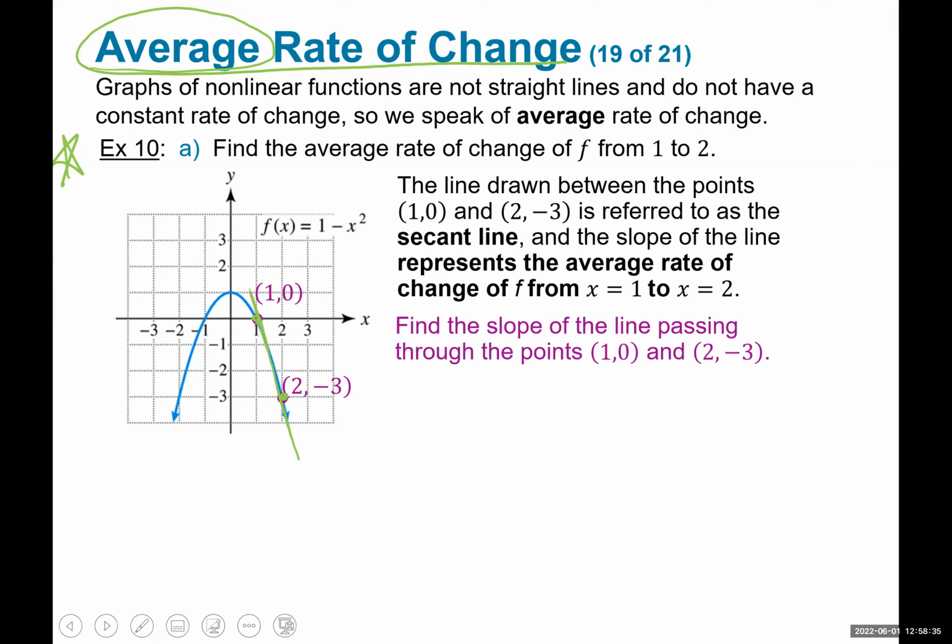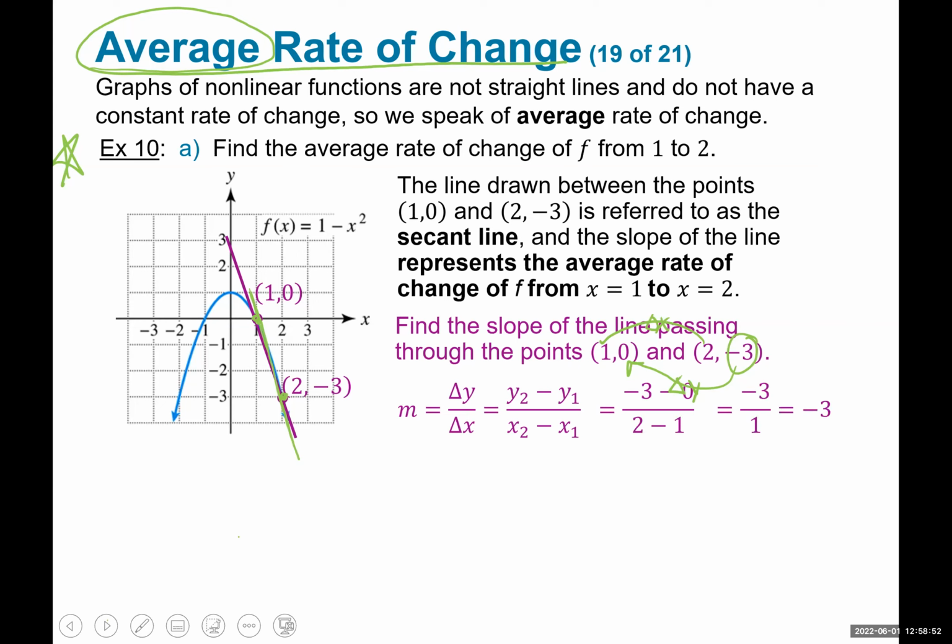Okay. So we'll do it the exact same way using the same formula and everything. Changing y over changing x. So take that y minus that other y, that's changing y. X minus the other x, that's changing x. -3 minus 0 is -3. 2 minus 1 is 1. So our average rate of change is a change of -3.